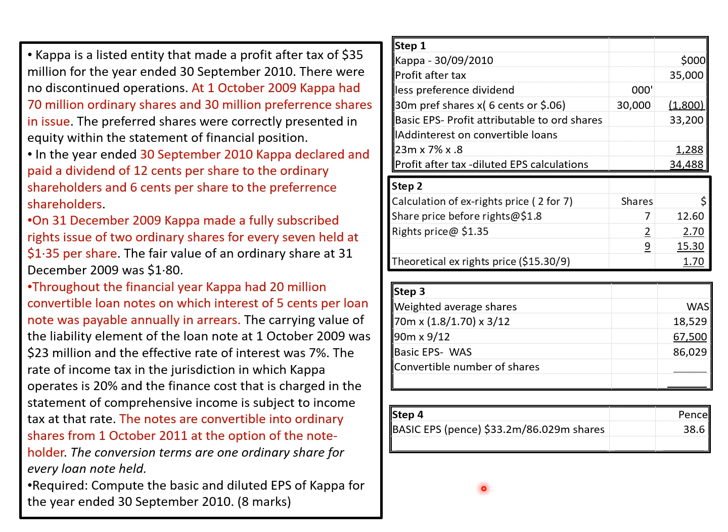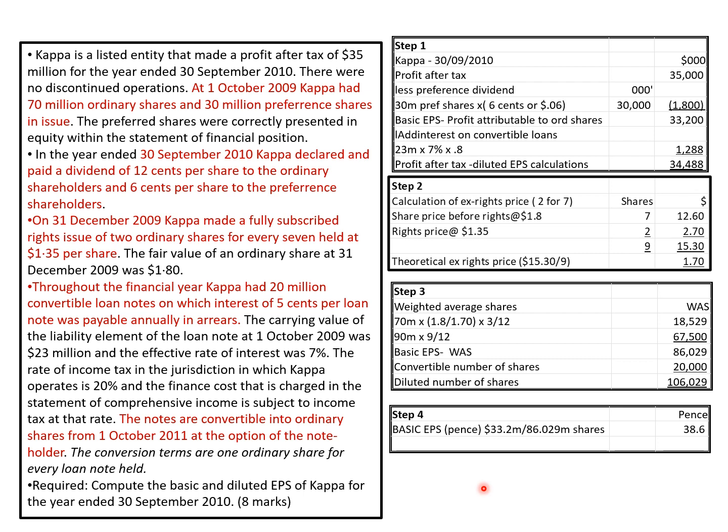We assume that the number of shares that would be converted to ordinary shares is 20 million, and that gives us the weighted average diluted number of shares of 106,029,000.